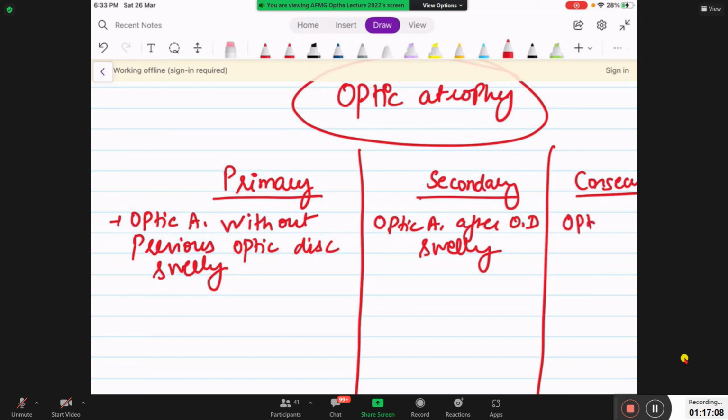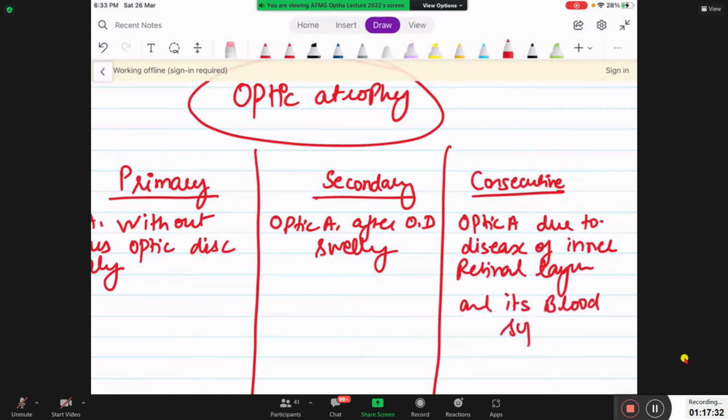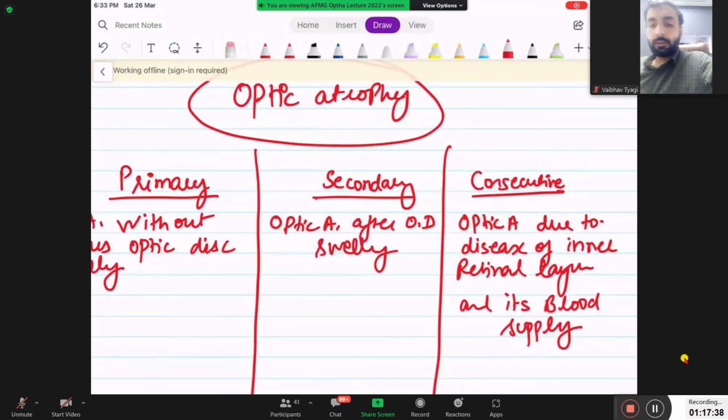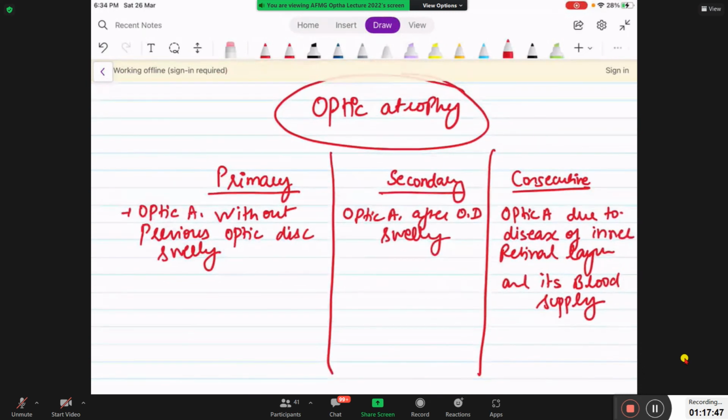If optic atrophy is due to disease of the inner retinal layers and its blood supply, then that is called consecutive optic atrophy. So these are the three important optic atrophies that you should remember.